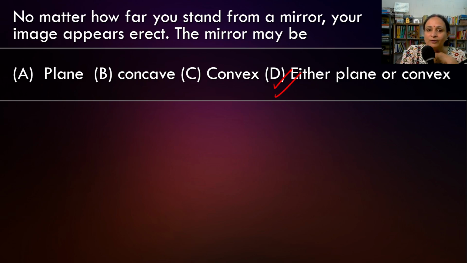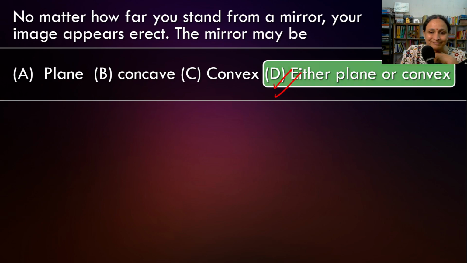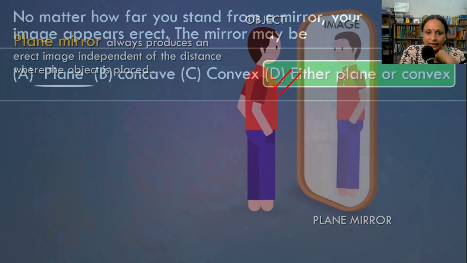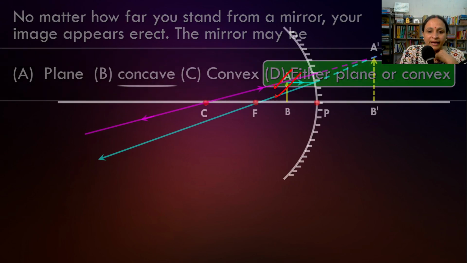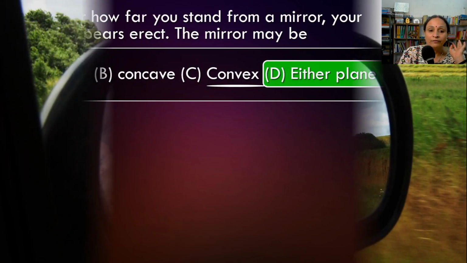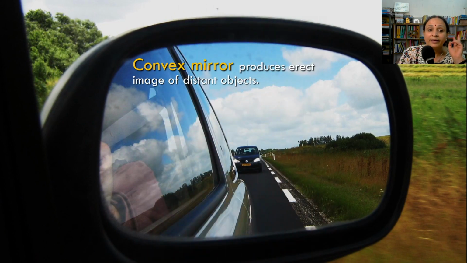Yes yes yes children, you are absolutely right. My children have learned to read now. Very good. So what happens in a plane mirror? You get the object's image as erect. And in the case of the concave mirror, it does not always produce an erect image, only in one case. And what is that case? If the object is placed between the focus and the pole. In all the other cases, it is inverted. Right? And in the case of the convex mirror, you can see that it produces erect images of distant objects, and the image is comparatively very small but erect.